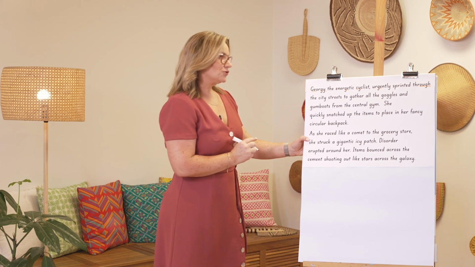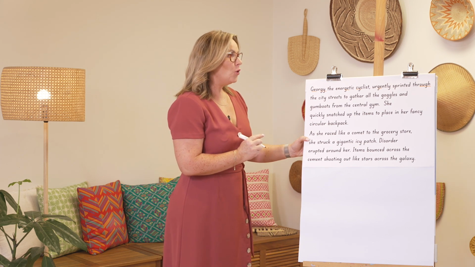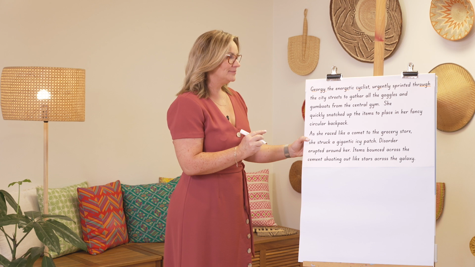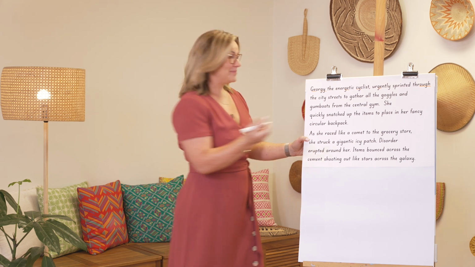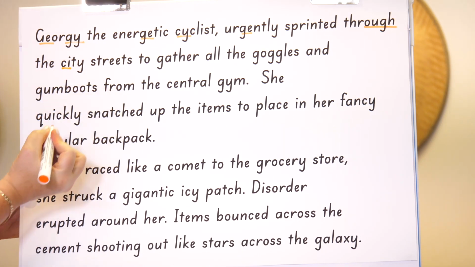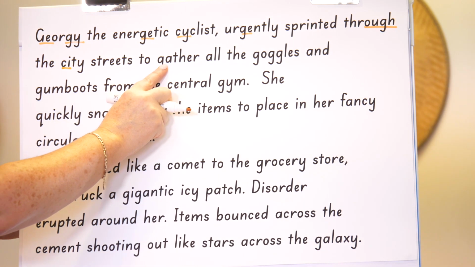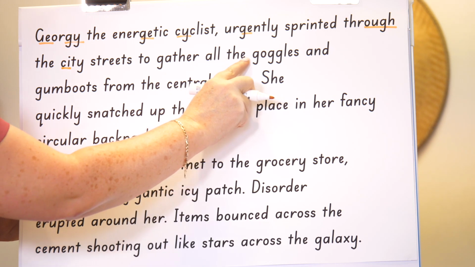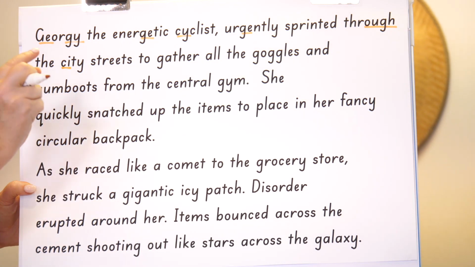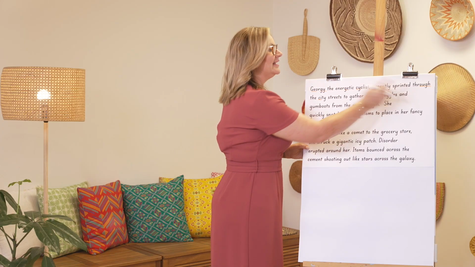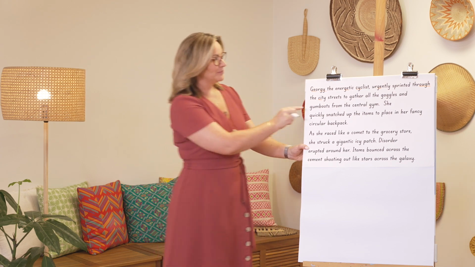Okay, line 2. The city streets to gather all the goggles, and let's identify city. Now gathered is that hard G, so I'm going to leave it. All the goggles, hard G, you feel it in your gut. And, okay, next line.